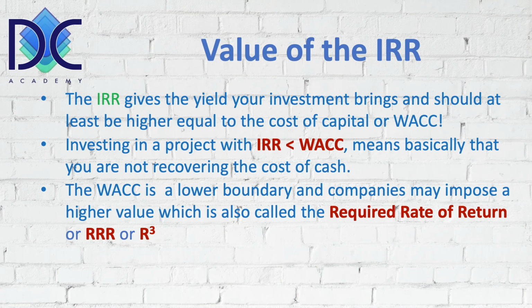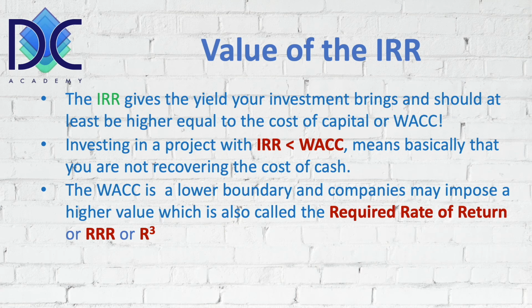Now, in some cases, when we have high-risk projects, higher risk means that we want to have a higher return. The WACC being the minimum value, when we have higher risk projects, we may want to impose an additional compensation for the risk.